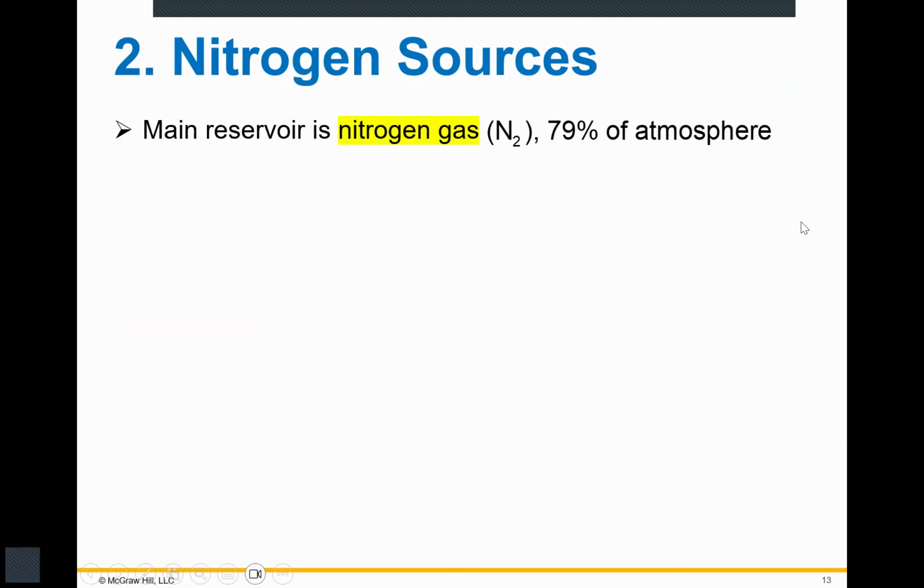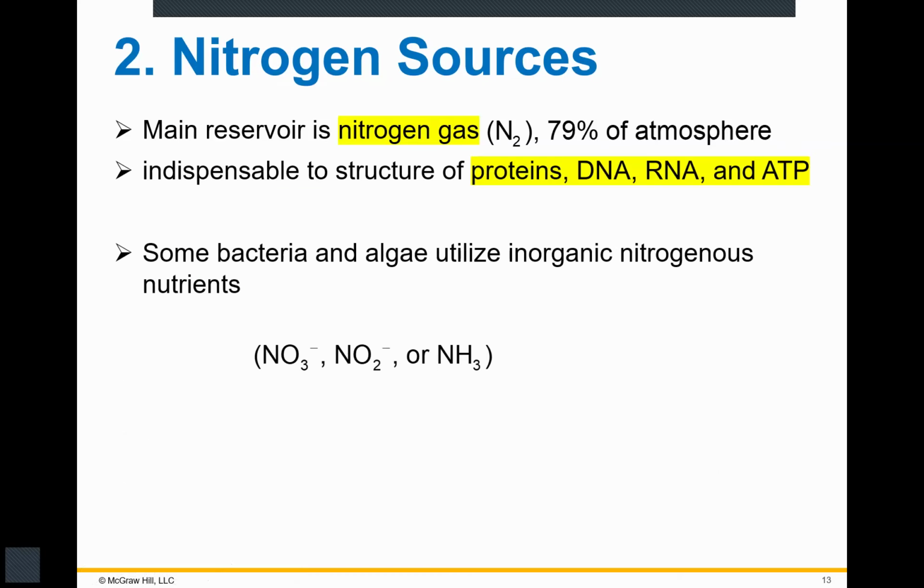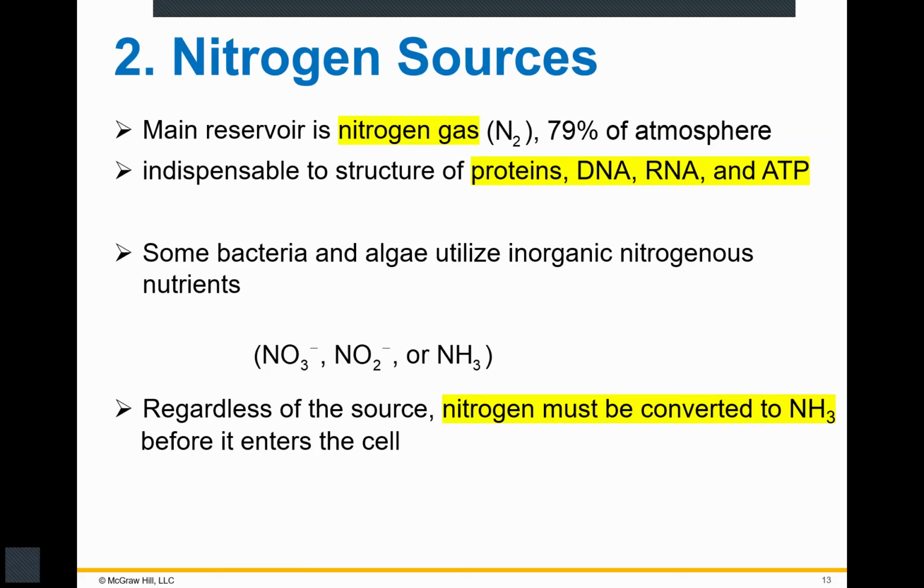So whether carbon or nitrogen, its source and its availability is really key, as there is medical relevance to that.